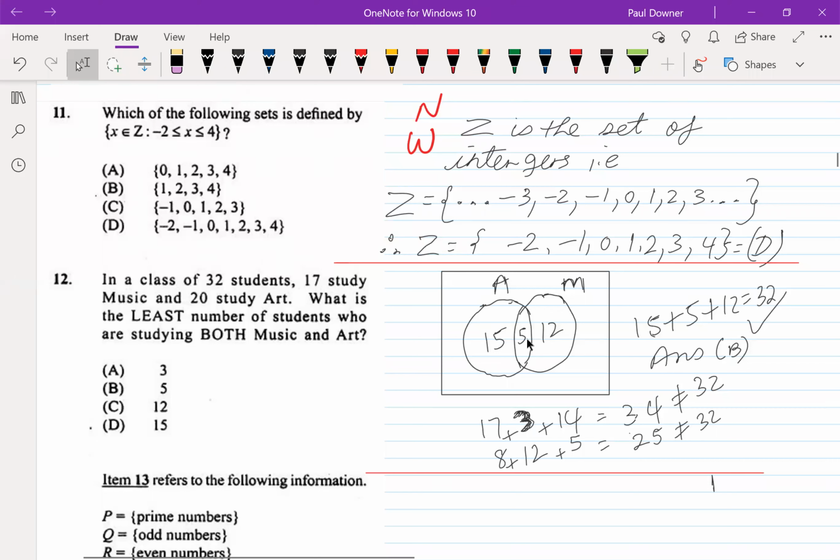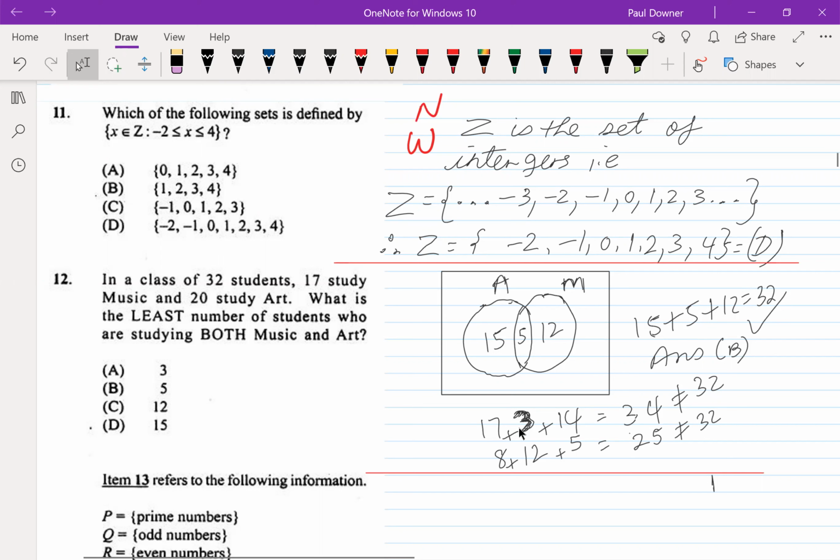So the number 5 is fitting in exactly. Now the final check is that when we add up all three of them, we need to get this total, 32. If you add up 15 and 5, you get 20, and then if you add 20 and 12, you get 32. That's the critical thing. When you add up the numbers, you must get 32 because there are 32 students.